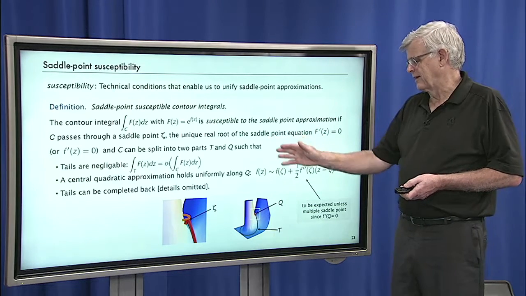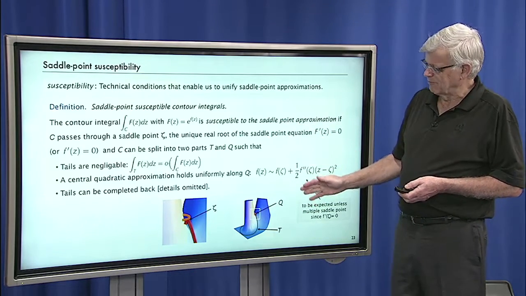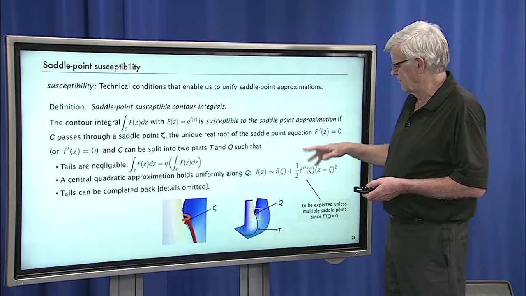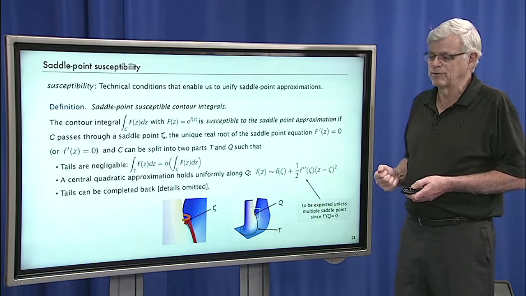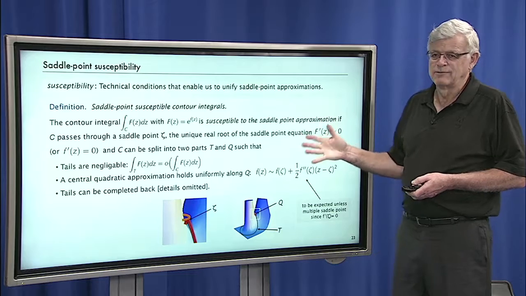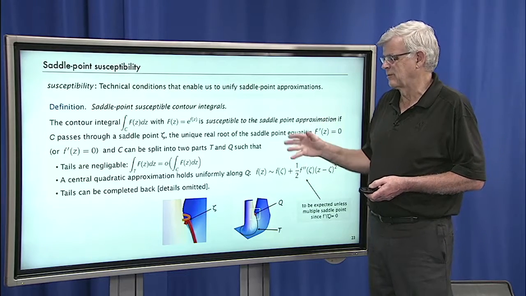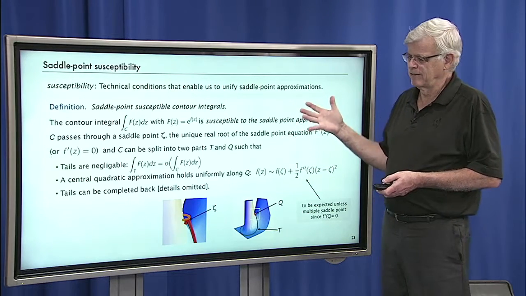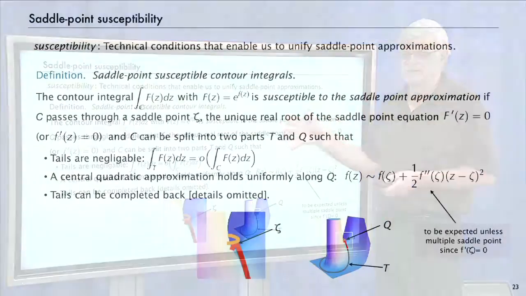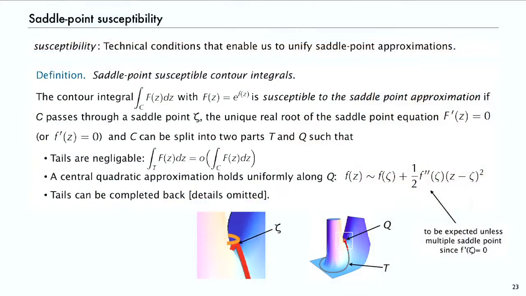And also the tails have to be negligible in the first place, and then however this estimate works, it has to be negligible to bring the tails back. And we'll look at a detailed example, but this kind of technical detail is more appropriate to read about in the book.